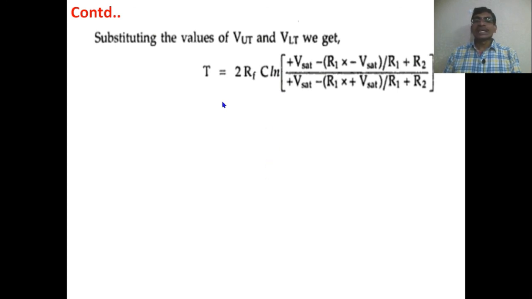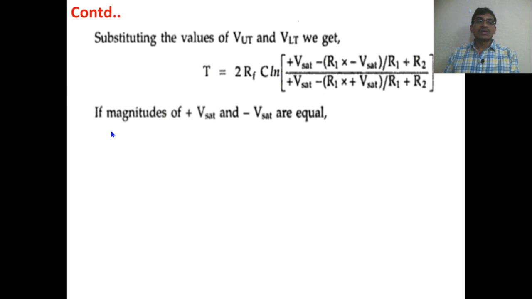Substituting the values of VUT and VLT, we get the time period T equal to 2 RF C ln of plus Vsat minus minus R1 into V saturation by R1 plus R2. Here we are substituting the value of VUT and VLT. This is the VLT value and this one is the VUT value, R1 into plus V saturation by R1 plus R2.